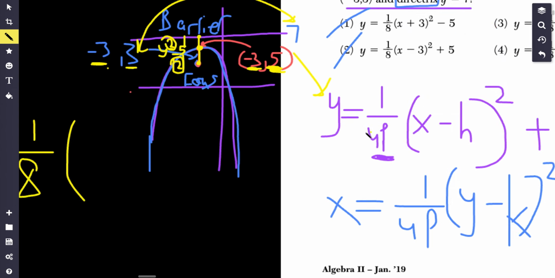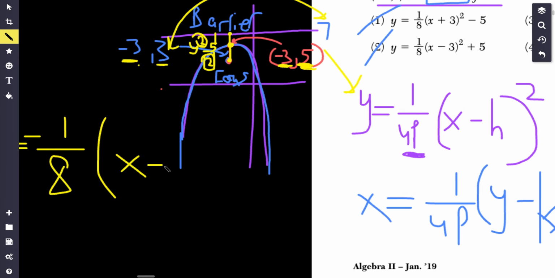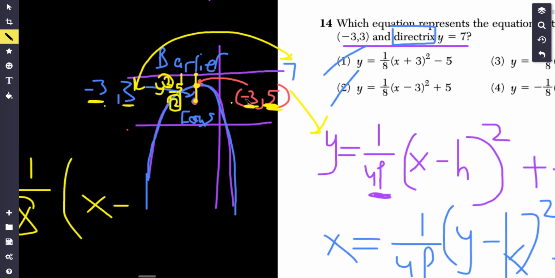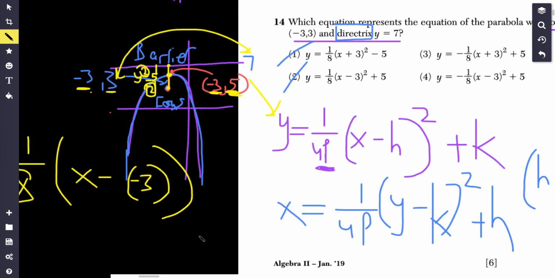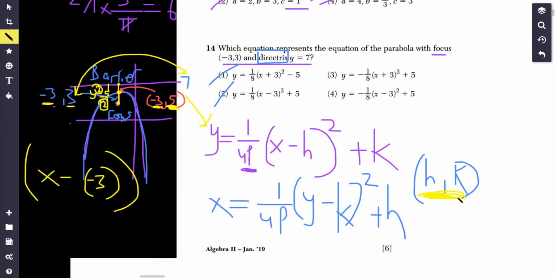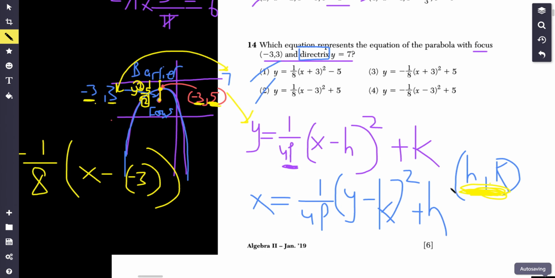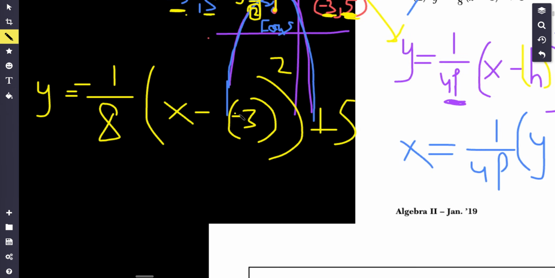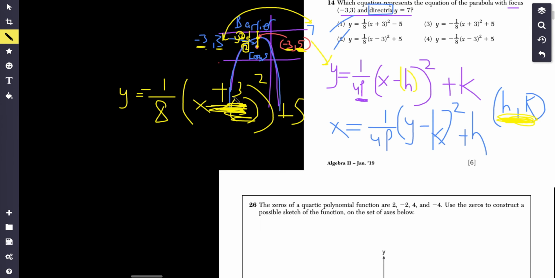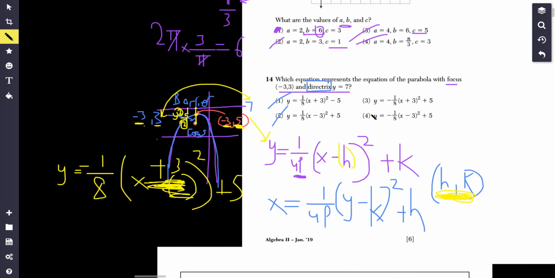So it's going to be x minus h squared, so x minus -3 squared. Because remember, the vertex of our parabola is h comma k. So in this case, our h value is -3, so x minus -3 squared plus 5, or plus k, right? This negative cancels out with the other negative, so you get x plus 3. And, well, there we go.